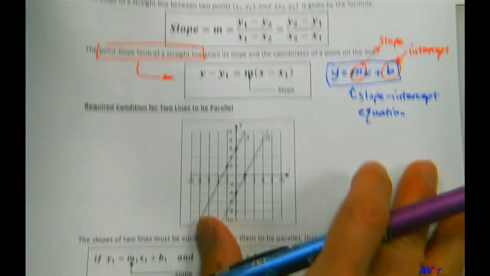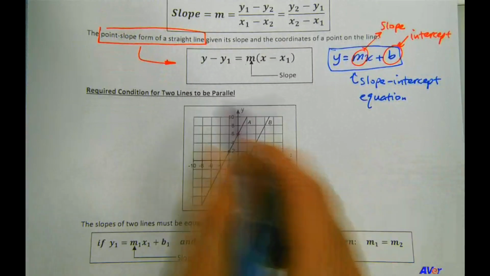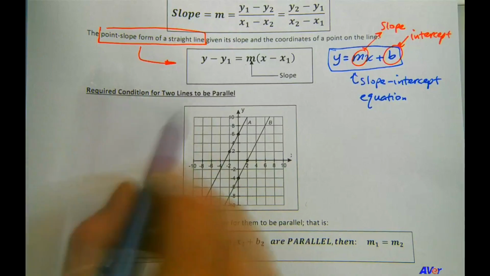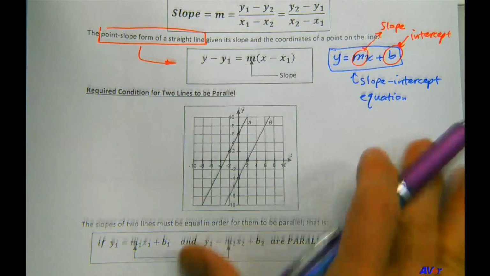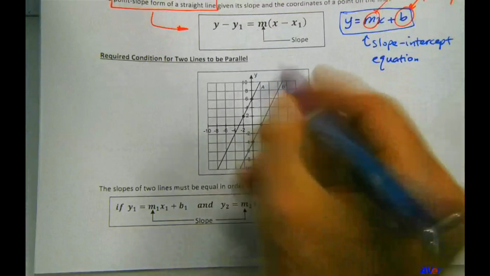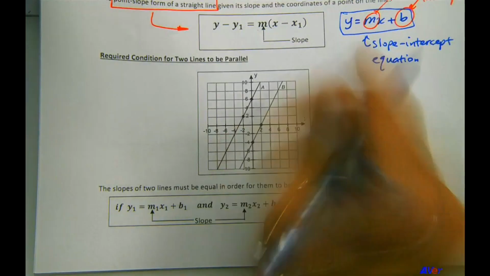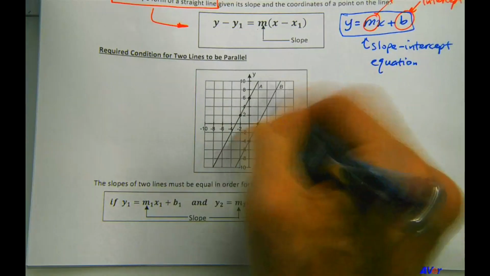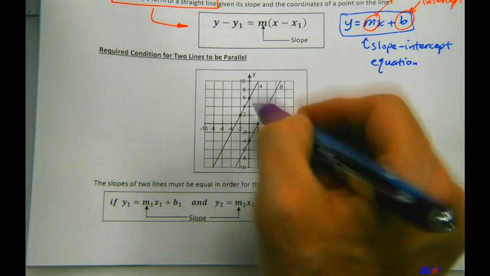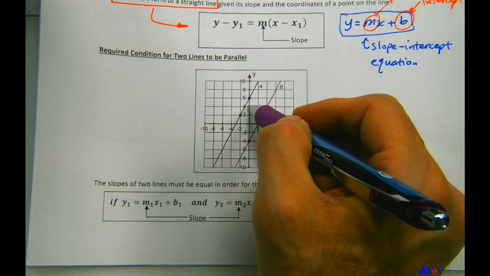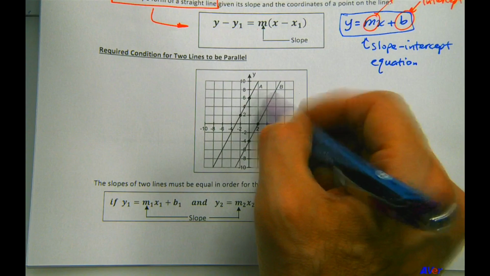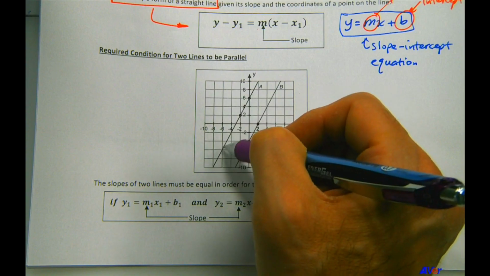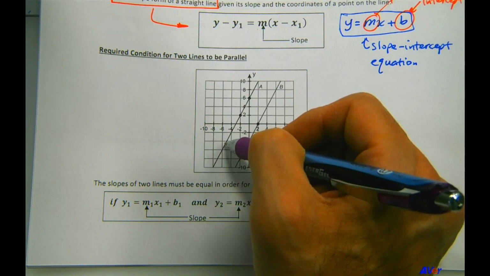Okay. So required conditions, this is a required condition for two lines to be parallel. So if you have a line that is like that, let's say line A, right? How many lines do you think there are that are parallel to this one? How many lines? Infinitely many, right?